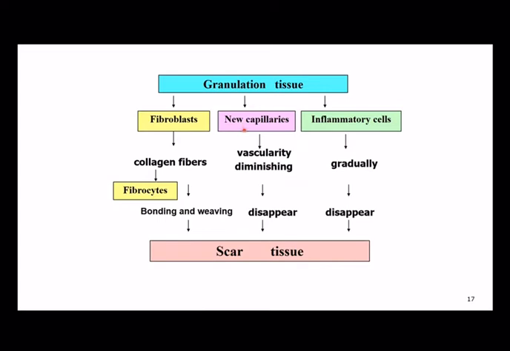Most of the newly born capillaries diminished. The rest of them are rebuilt into mature vessels. And those inflammatory cells finally disappeared. Thus, the granulation tissue evolved into scar tissue.